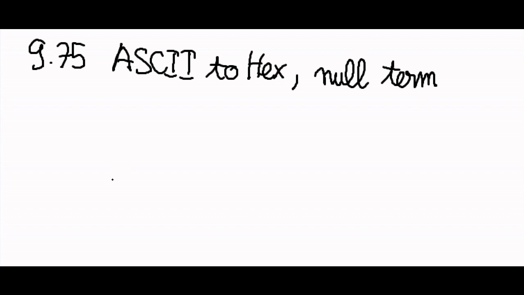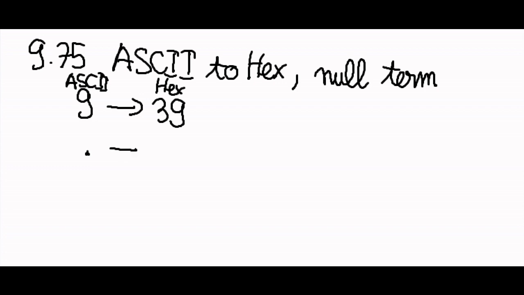By using the table, we know that 9 in ASCII is 39 in hexadecimal representation. I'm just going to write here, this is ASCII, this is hex, and for the dot, it is 2e.